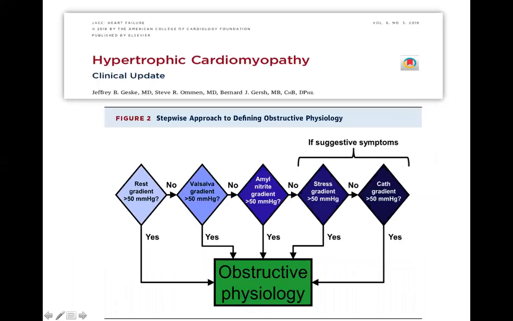Here is the stepwise approach to define obstructive physiology.